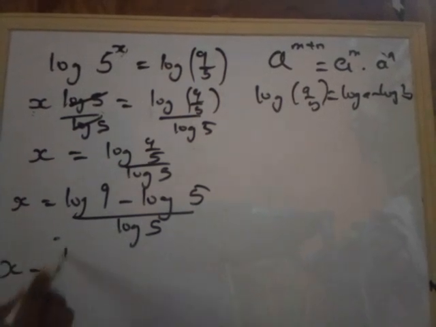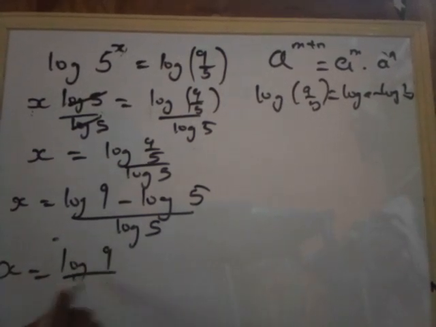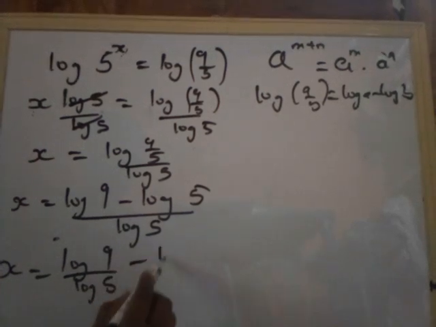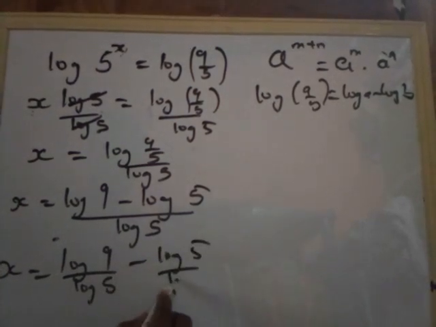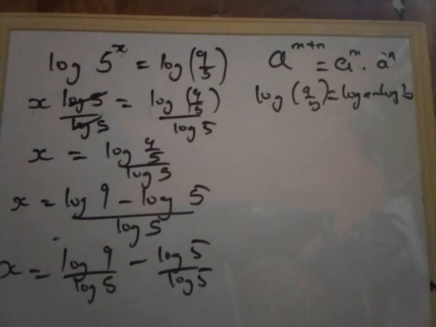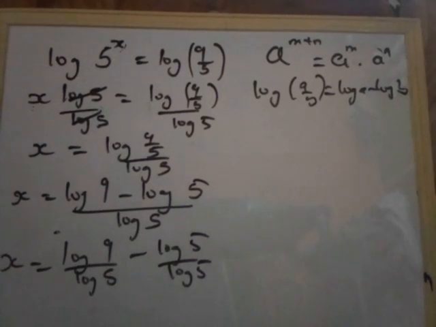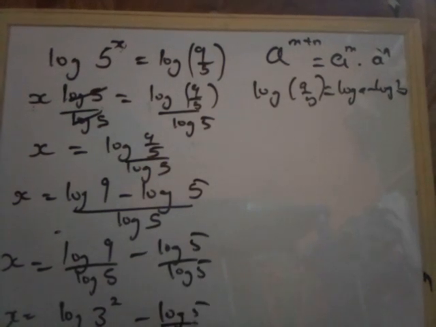We have x equal to log 9 over log 5 minus log 5 over log 5. So we can also write this as x is equal to log 3 raised to power 2, which is the same thing as 9, over log 5 minus log 5 over log 5.